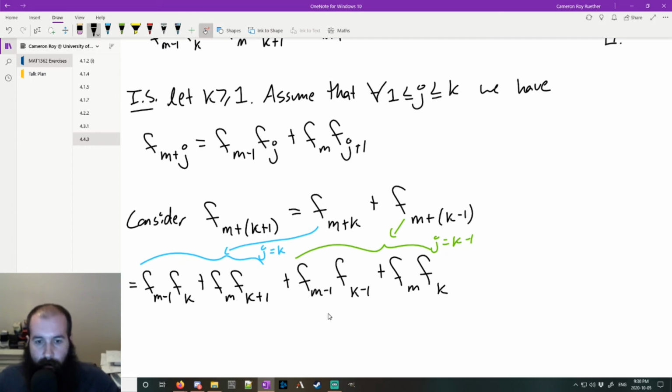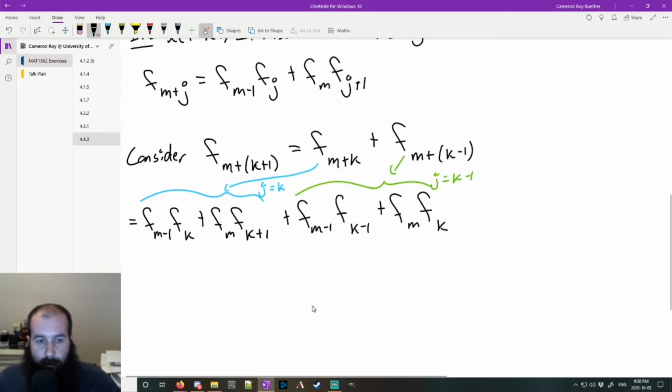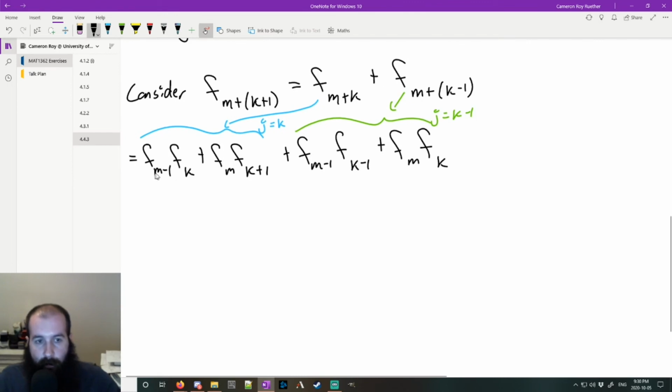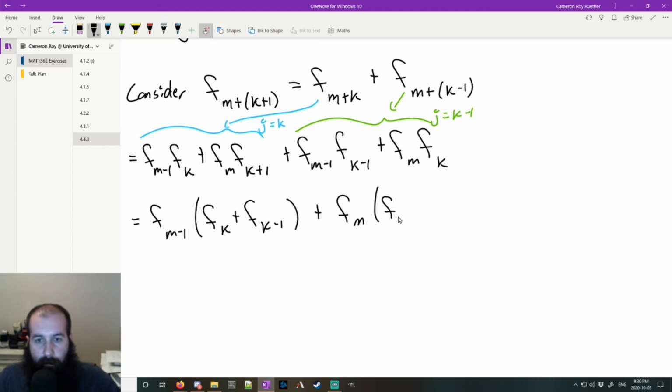From here now, we can just gather some like terms. These 2 terms have an f of m minus 1 in them. So when we factor that out, we get f of k plus f of k minus 1. The other 2 terms have an f of m, and when we factor them out, we get f of k plus 1 plus f of k. These are just sums of subsequent Fibonacci numbers, which means by the recursive definition, this is f of k plus 1.